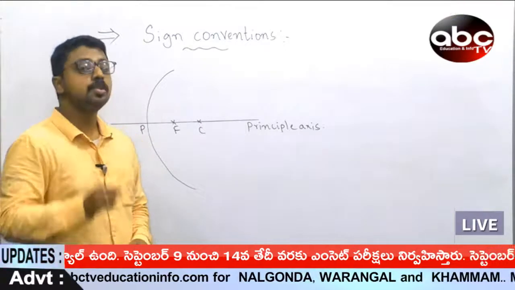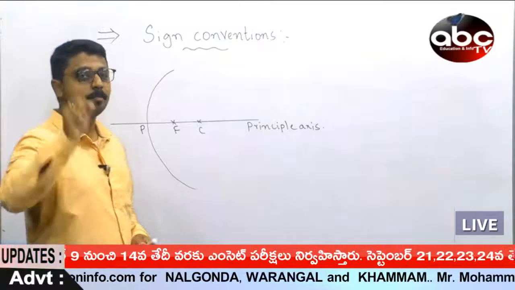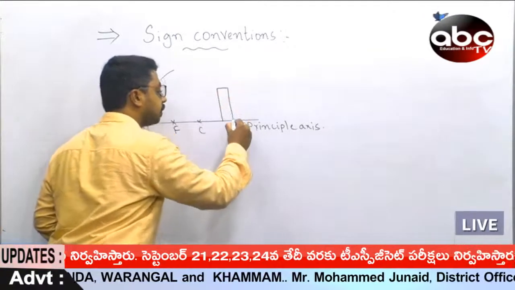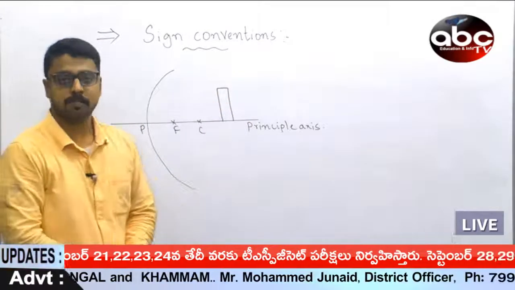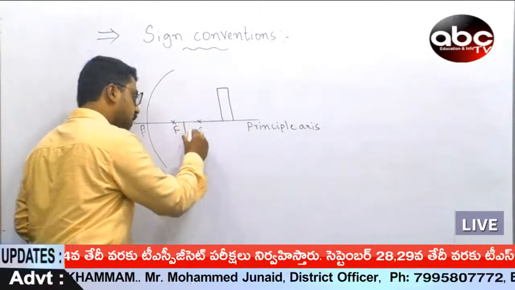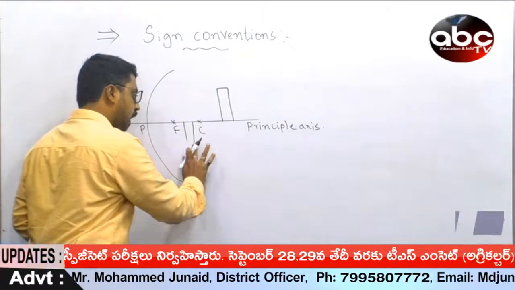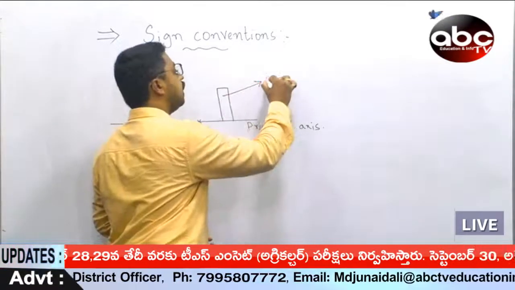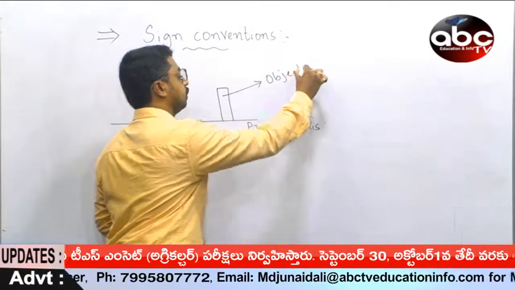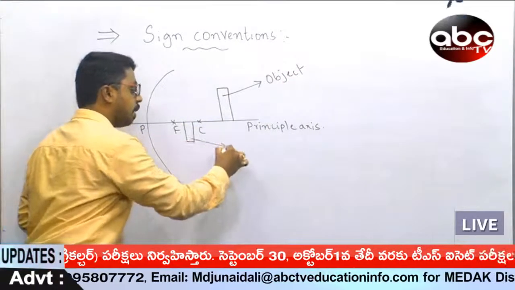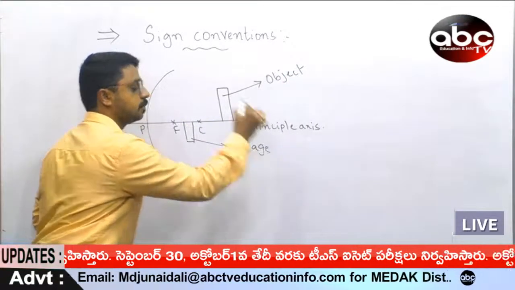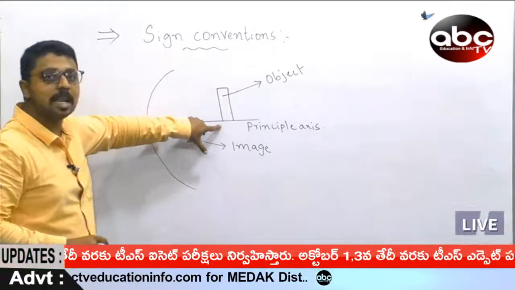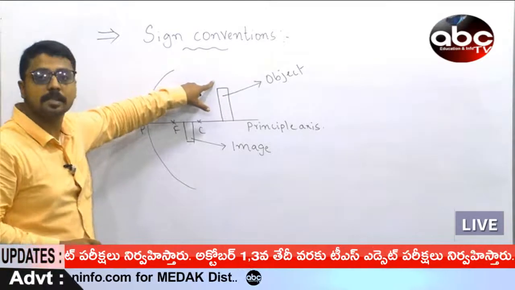So here, if you observe a concept, if you place an object here, we are able to obtain an image here. Naturally, one common thing you observe is that the object is lying above the principal axis.